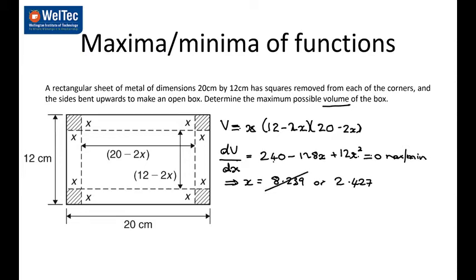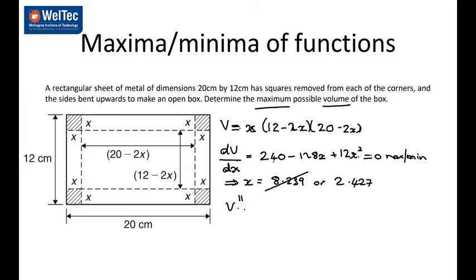So we just need to check though what kind of answer we've got for x equals 2.427. We want to find the maximum. We don't want to end up finding the minimum. So we need to find the second derivative and then find the second derivative at x equals 2.427.